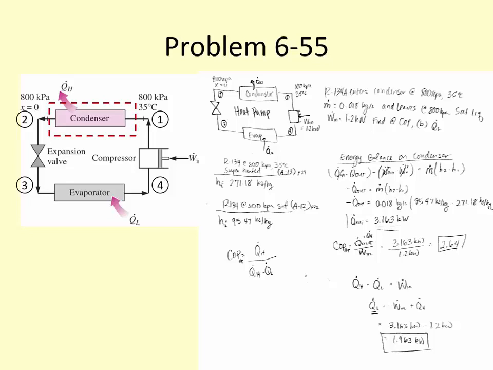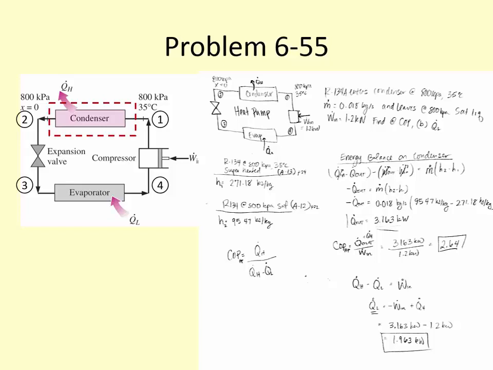Part B, the rate of heat absorption from the outside air. So which term is that? Heat absorption from the outside air on that diagram, Q L, right? Okay, so how do we find Q L? Just some more algebra. Q dot H minus Q dot L is equal to the work net in.